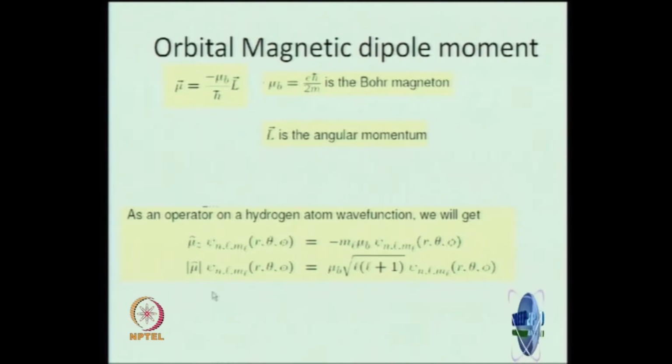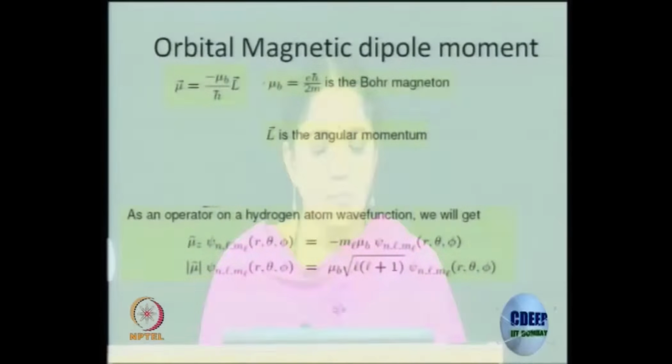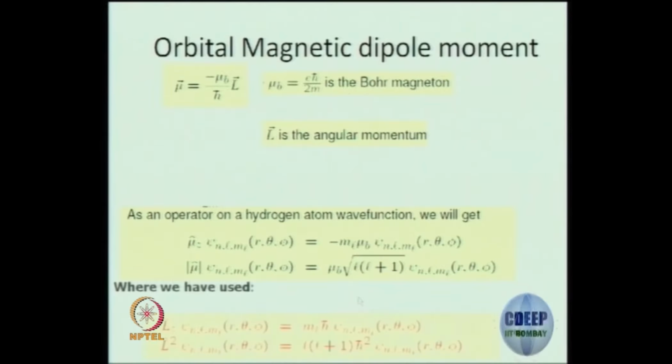If you want the magnitude, it is not just L, it is the square root of L(L+1). Suppose you have a function of this L operator, they will also be eigenstates. That is all I am trying to say. So where we have used Lz is this, and L squared is L(L+1)ħ².